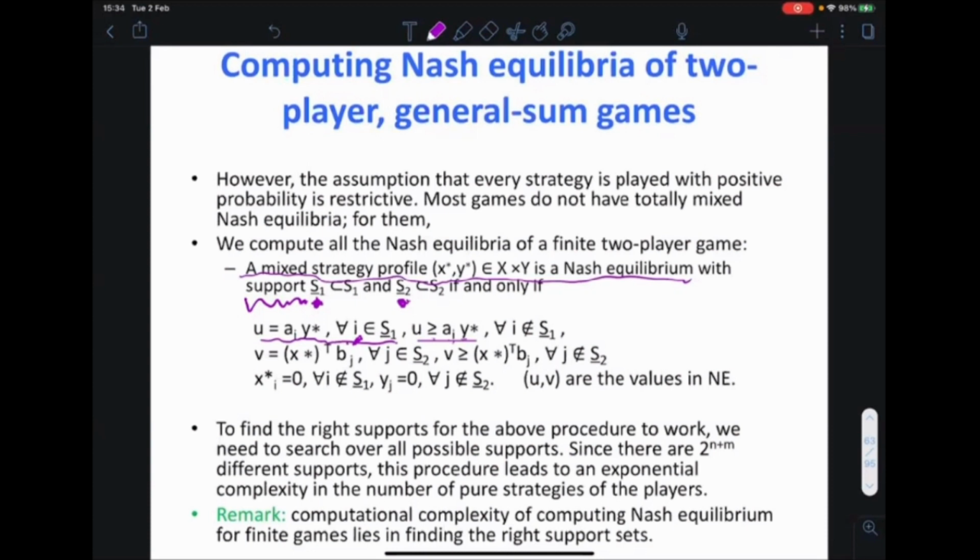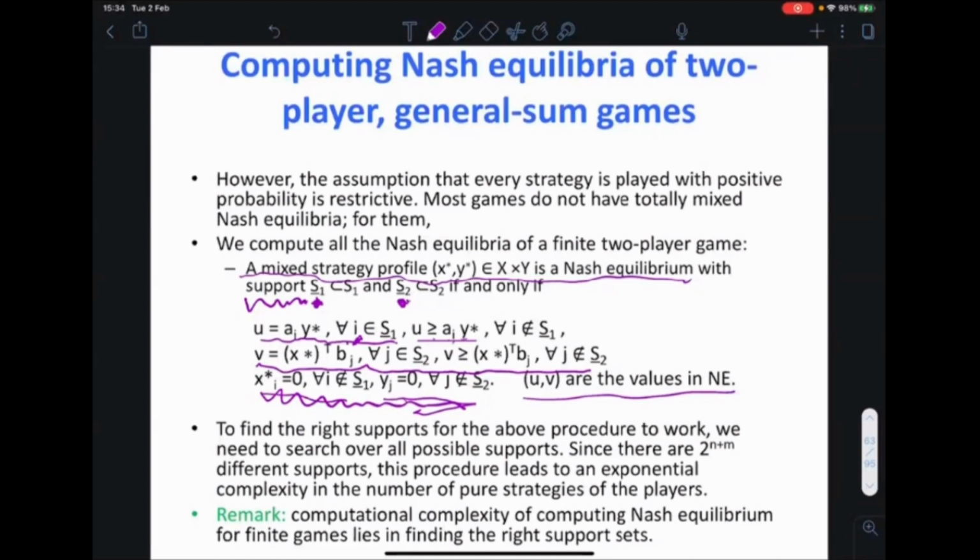You can also apply this to the opponent, who follows the same thing. So x star_i equal to 0 means i is not in the support, and equally y_j equal to 0 means j is not in the support. Here u and v are the expected payoffs in the Nash equilibrium.